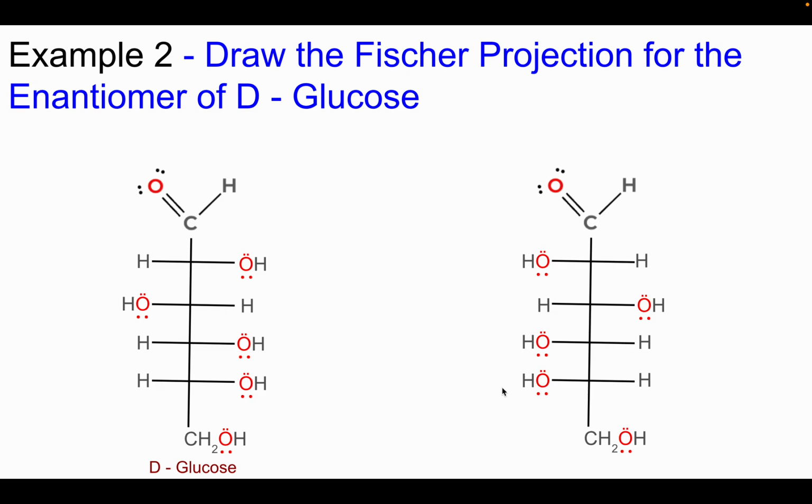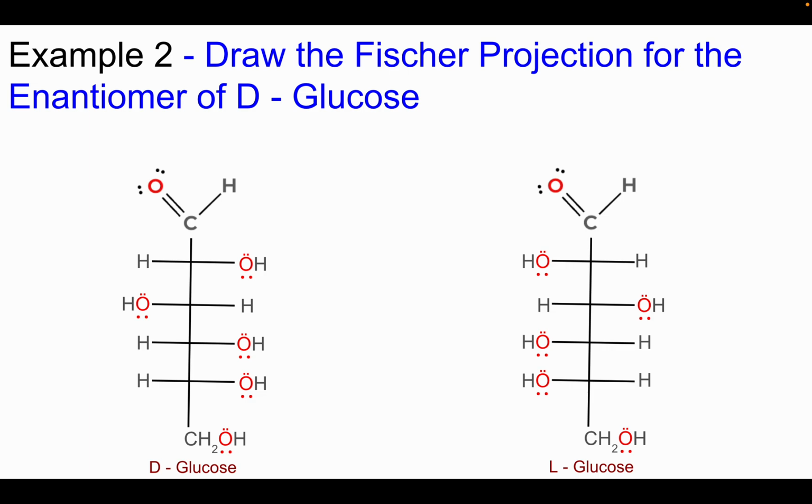Okay, and then this molecule, because it's the enantiomer of D-glucose, we actually just call that L-glucose. Right? The enantiomers of sugars, they actually have the same name. We just change the configuration from D to L, or L to D if you're doing the enantiomer of an L sugar.